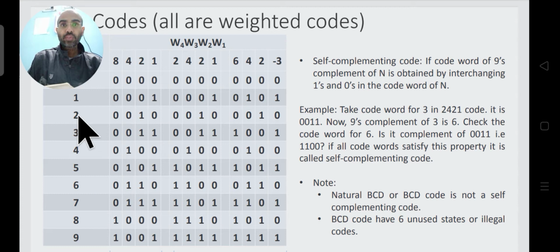So 2 in decimal number system I want to represent, it is the same, so no need to show this particular number because the weight will be same. 5 is represented differently in this particular system from 8421. So let me pick 5 as an example, because 2 will be exactly same as the earlier one.